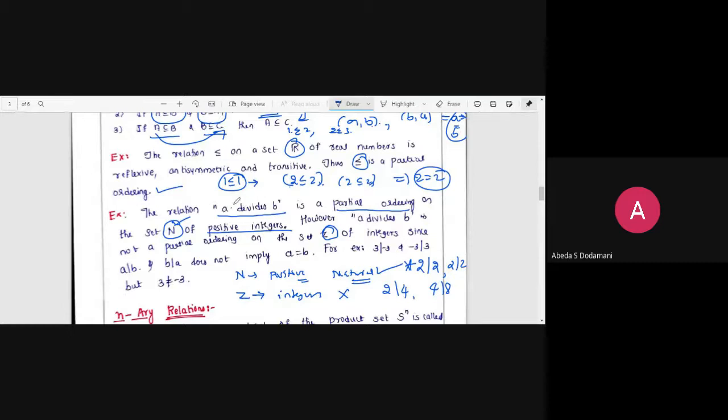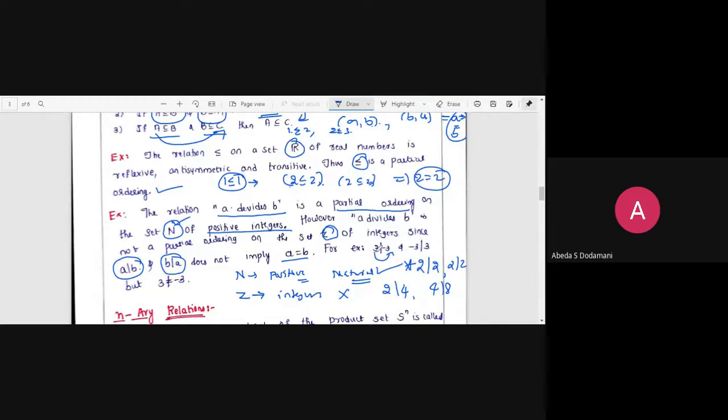But the same thing, A divides B, if I take it on the set of integers, just check. If A divides B and B divides A, it does not imply A is equal to B. For example, 3 divides minus 3, this is true, right? And minus 3 also divides 3.